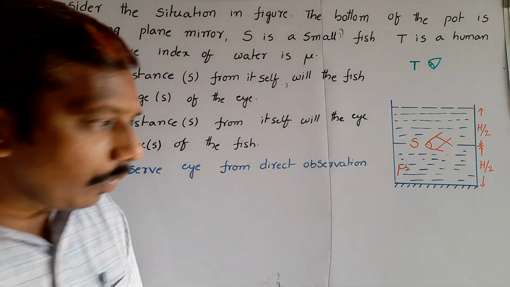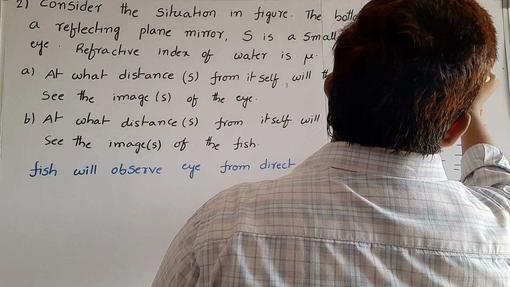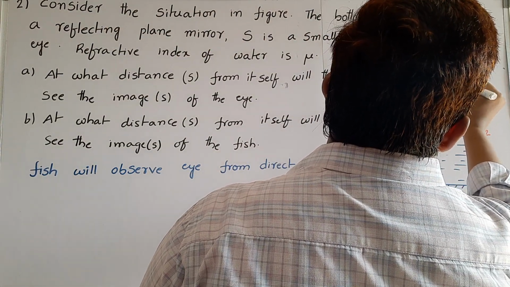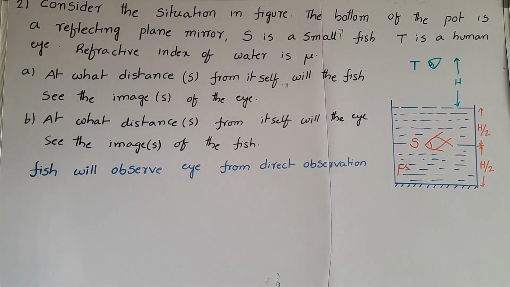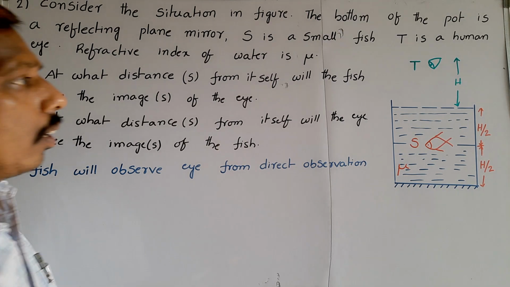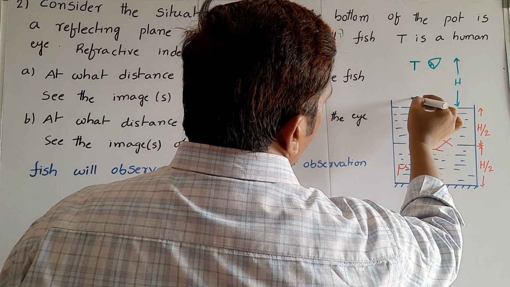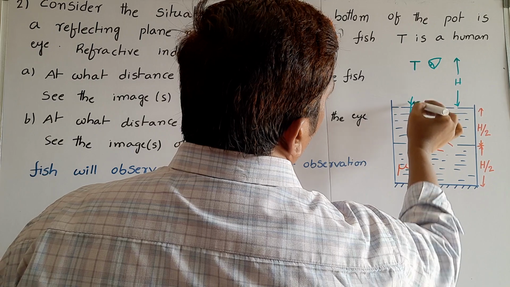In this problem, they have given the height of the eye from the surface of the water as h. So the fish observes the eye. That means in this first case, the light ray travels from air to water.